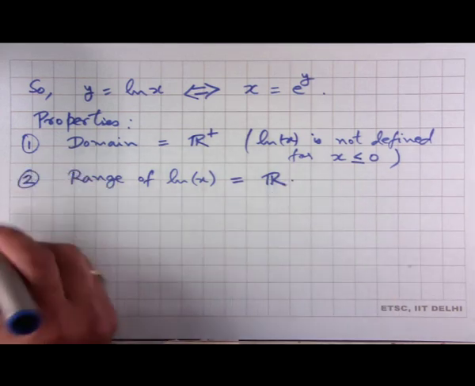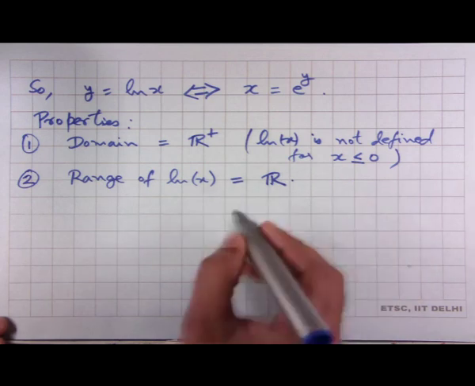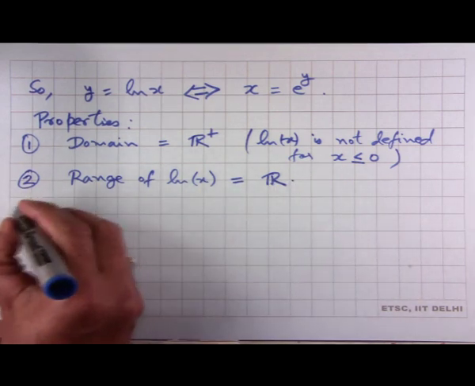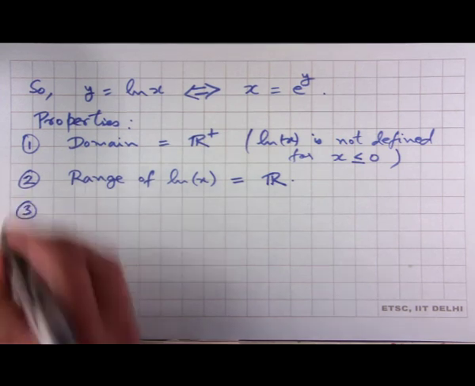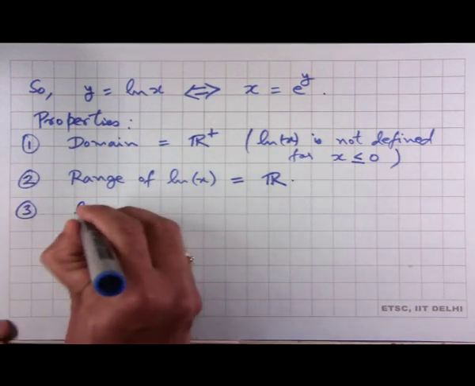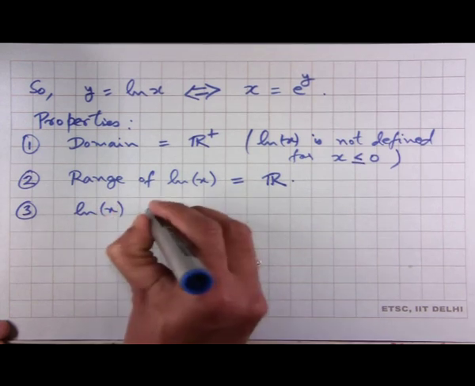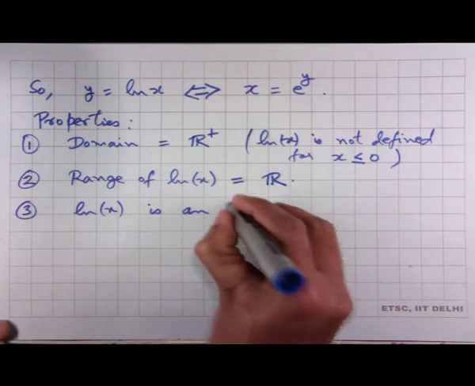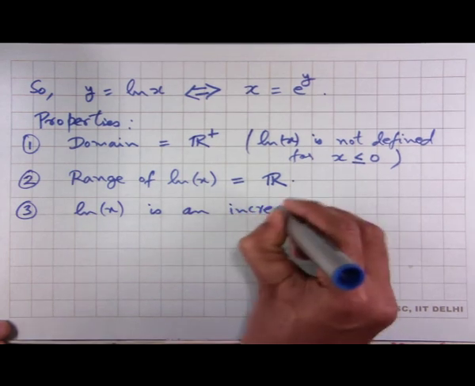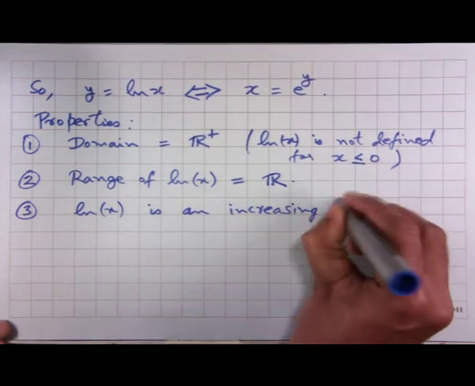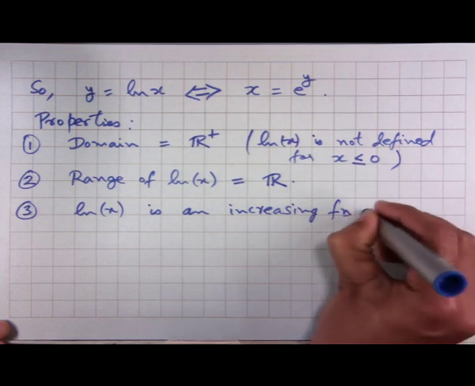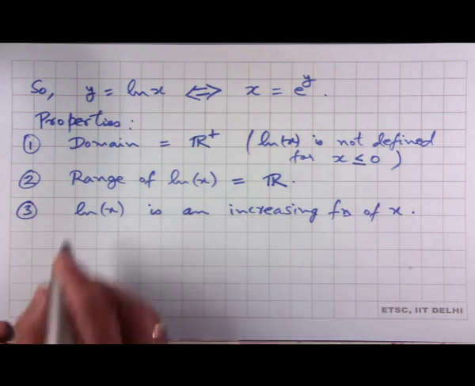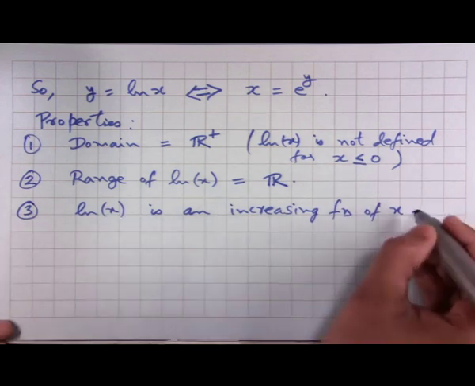This is because the exponential is defined from R to R plus. Another property is that ln of x is also an increasing function of x. So, if x1 is less than x2, then ln x1 is less than ln x2.